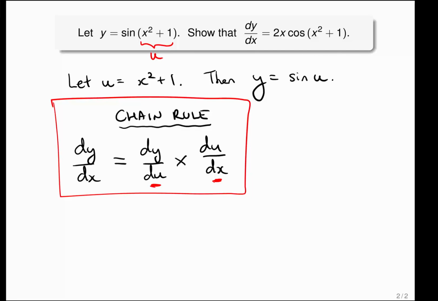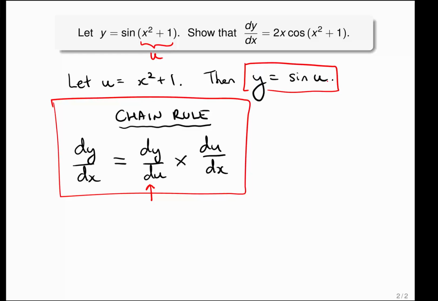One easy way to remember the chain rule is to pretend that the two smaller derivatives are fractions. That means these du's can cancel, which means dy over dx is equal to dy over dx. Alright, let's first work out dy/du. This means we need y as a function of u. Here it is.